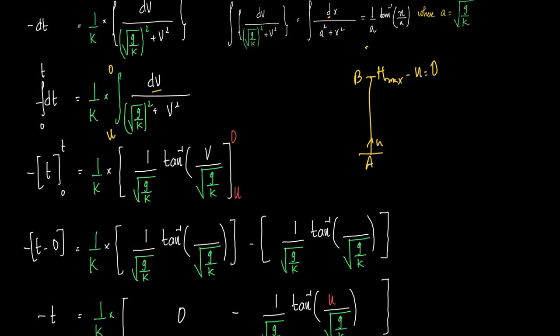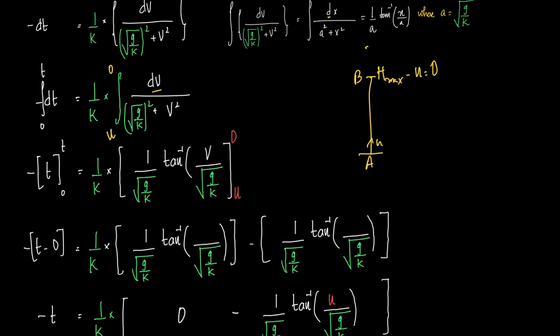Now what is the integral? 1 by a, what is a? a is root of g by k. So 1 by root of g by k into tan inverse x by a. Instead of x, we have v, so v by a, which is root of g by k. Now we'll apply the upper limit and the lower limit.